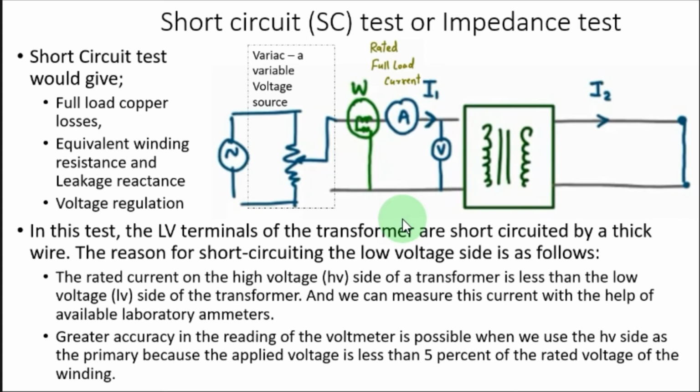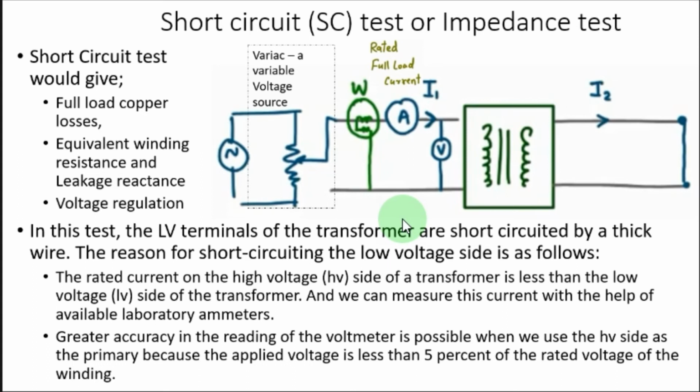Because it is normally a low current, and the current flowing here will be only 5 to 8% of the rated current, we can easily measure that. Also, greater accuracy in the reading of the voltmeter is possible, because when we use the high voltage side as the primary, the applied voltage is less than 5% of the rated voltage.